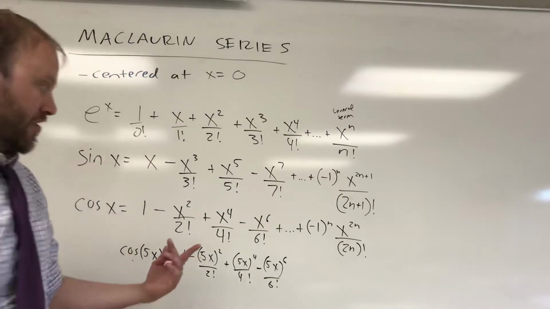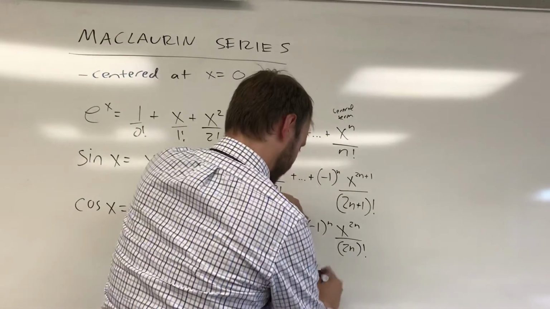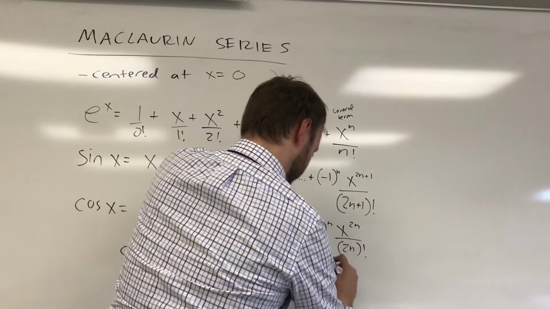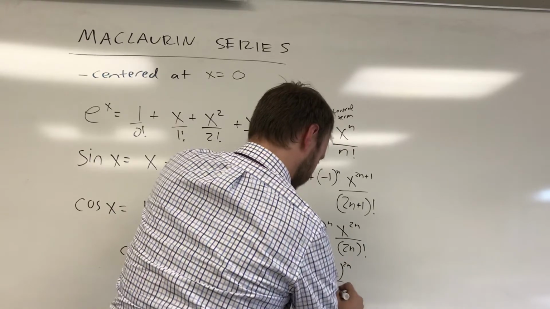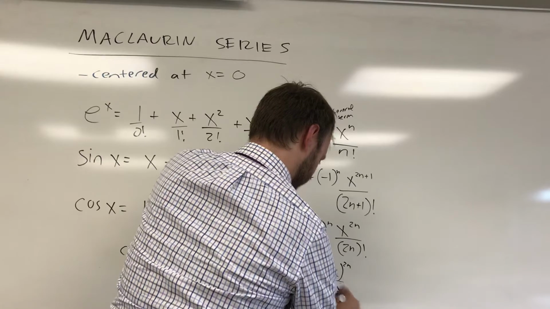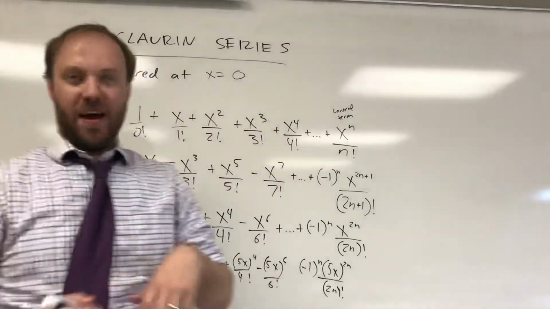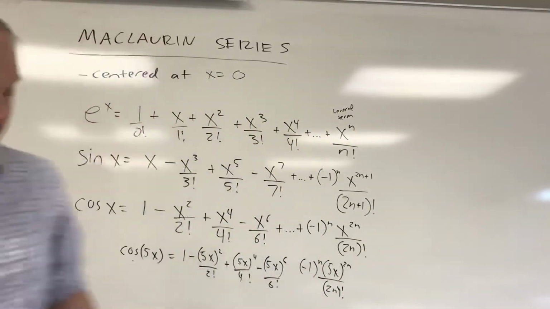If I wanted the general term, it would be negative 1 to the n times 5x to the 2n power over 2n factorial, okay? So you can tweak these pretty easily.